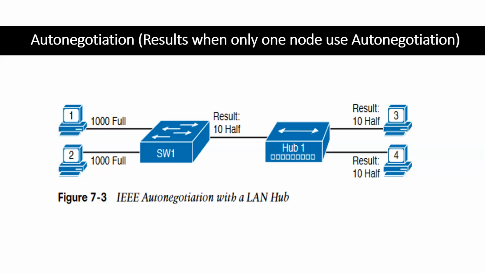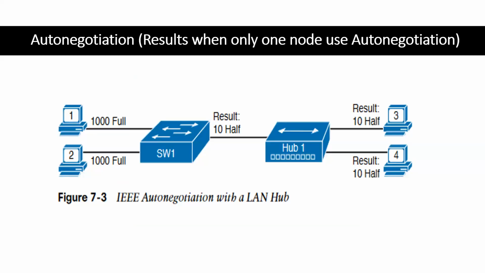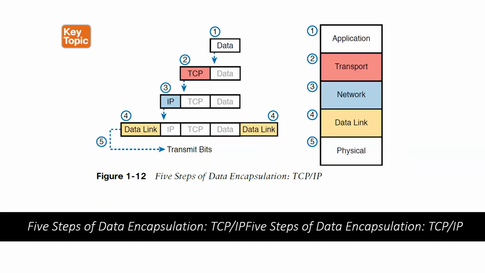And again, this is because of CSMA/CD. What is CSMA/CD? Give me one second, let me make sure I don't say it wrong. It is carrier sense multiple access with collision detection logic.